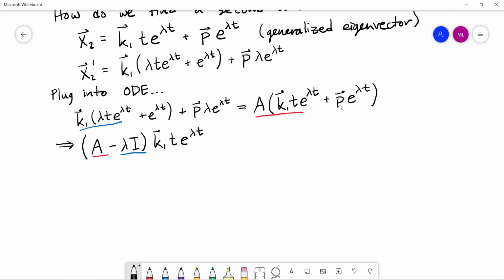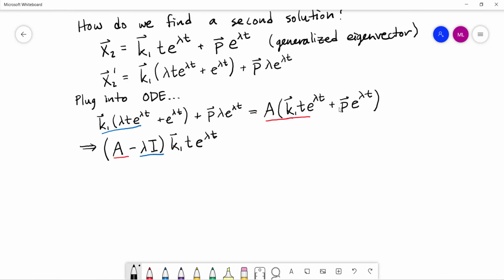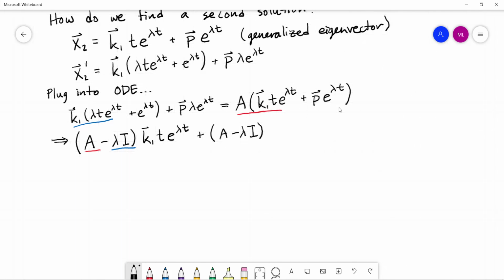So we've taken care of those two pieces. We also have on this side plus a minus lambda I times these p terms. So p e to the lambda t. And that is, again, let's pick another color. So the a times p e to the lambda t, that's this part.